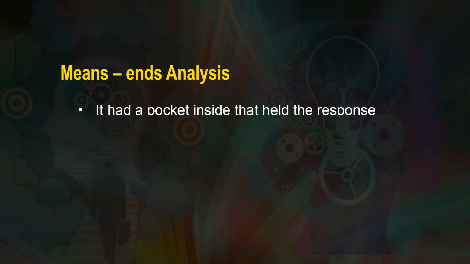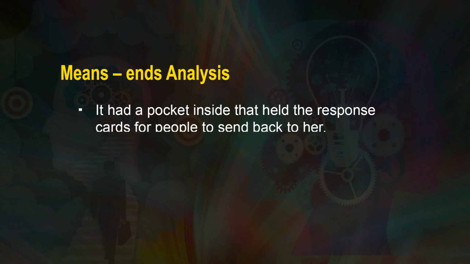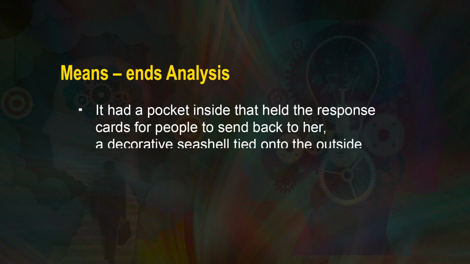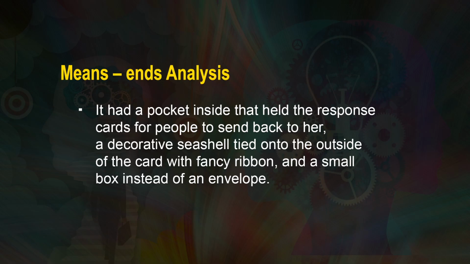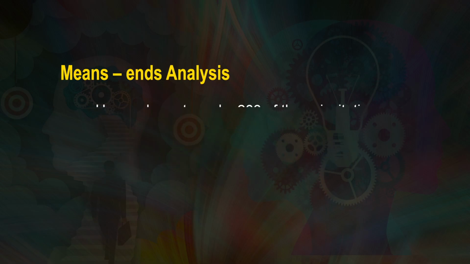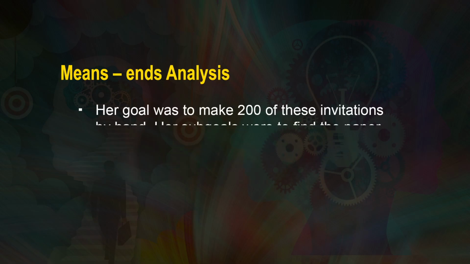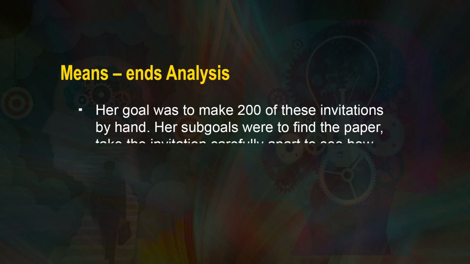In the invitation, it had a pocket inside that held the response cards for people to send back to her, a decorative seashell tied onto the outside of the card with fancy ribbon, and a small box instead of an envelope. Her goal was to make 200 of these invitations by hand.